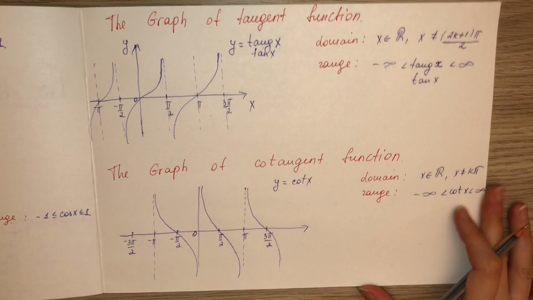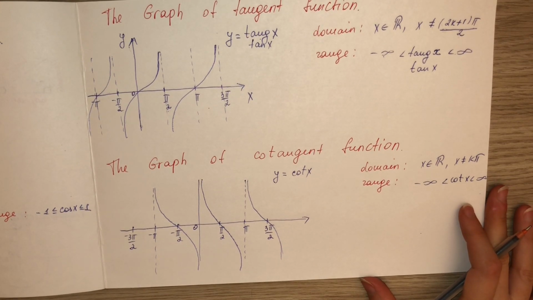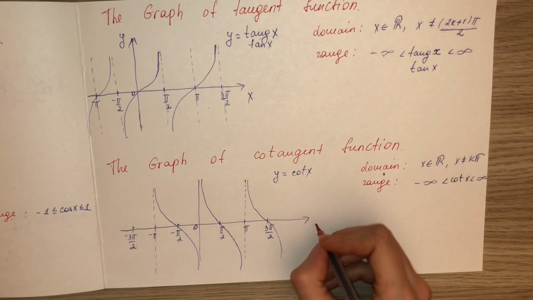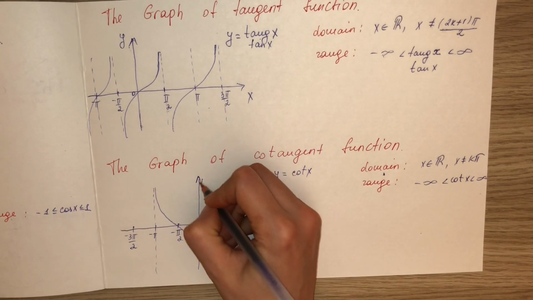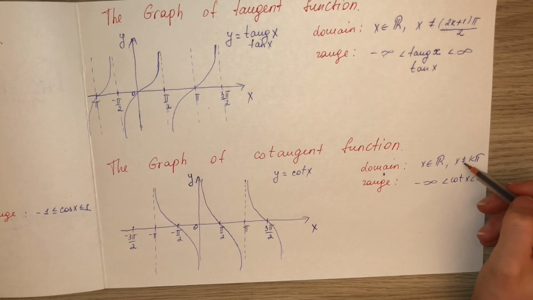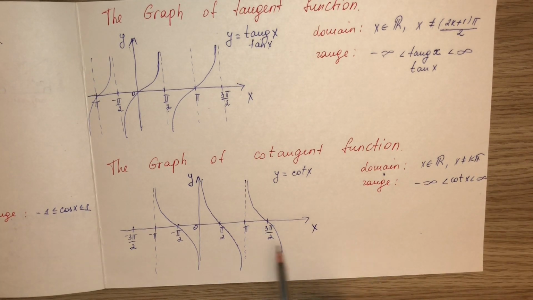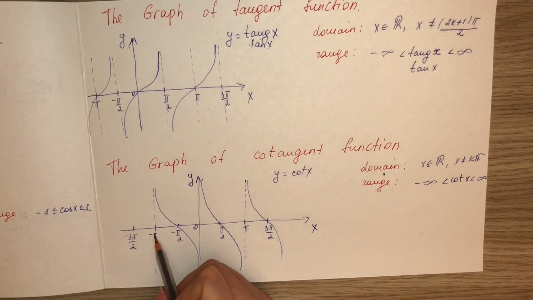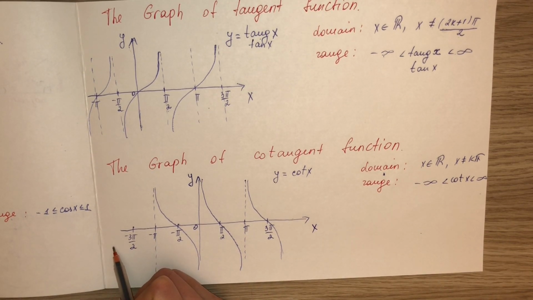Here is the graph of the cotangent function. As you can see from the graph, the domain is the real numbers that are not equal to k times pi. It means that it cannot be pi, 2 pi, 3 pi, or -pi, -2 pi.